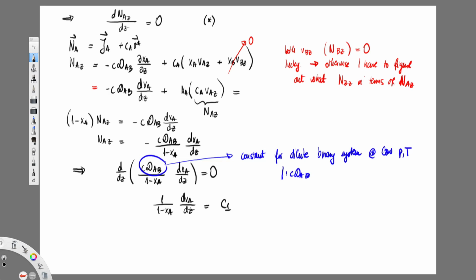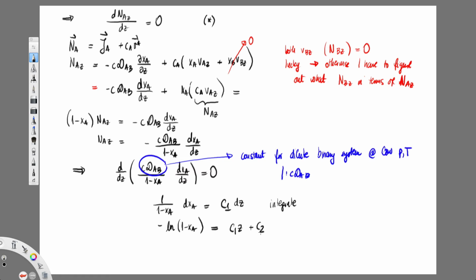And the way to integrate this is simply to separate dXA and dZ and integrate. So basically I have minus ln of 1 minus XA equals C1 Z plus some C2.